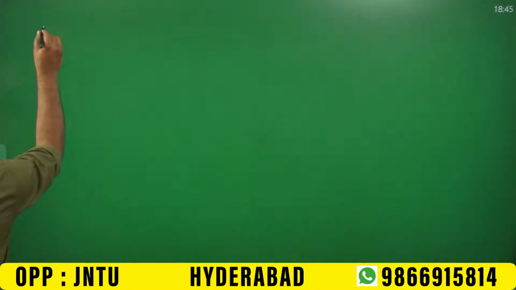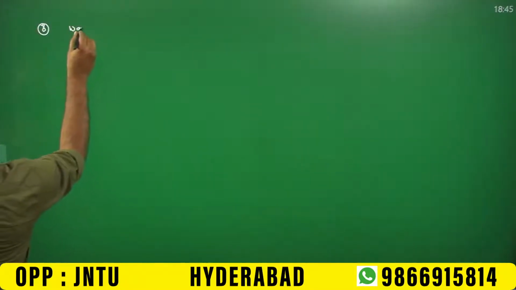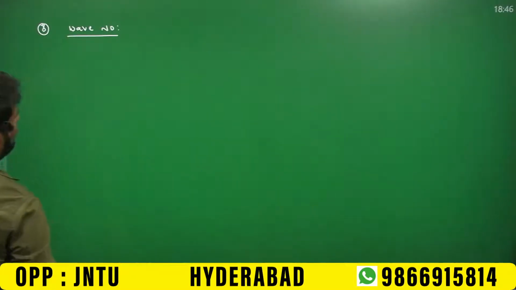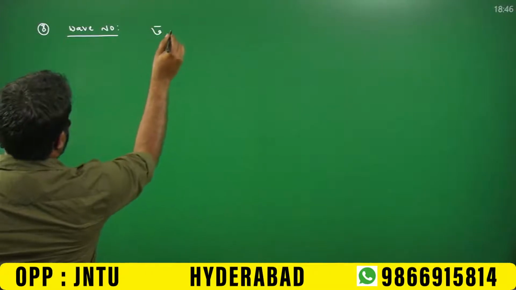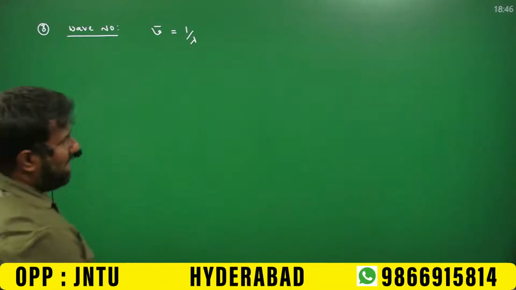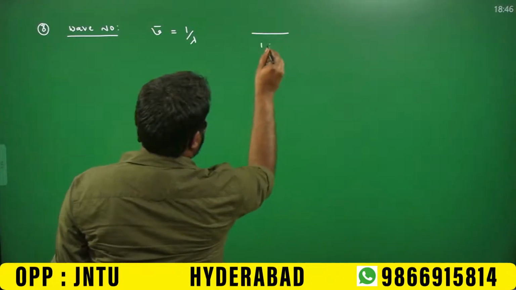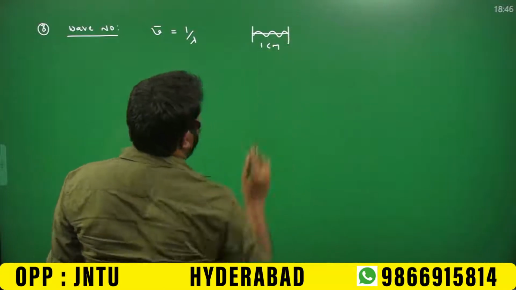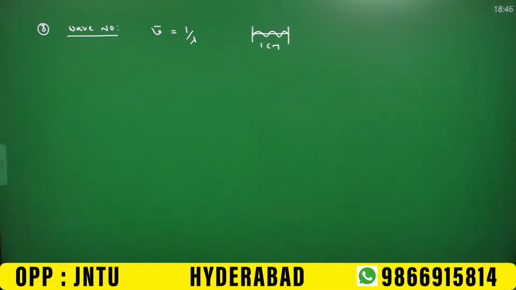That is wave number. What is wave number? It is the reciprocal of wavelength. Or we take exactly 1 centimeter distance, and within that 1 centimeter, how many waves are present? That is also called wave number.